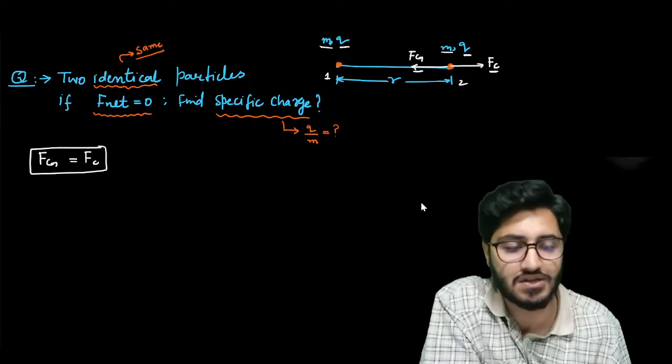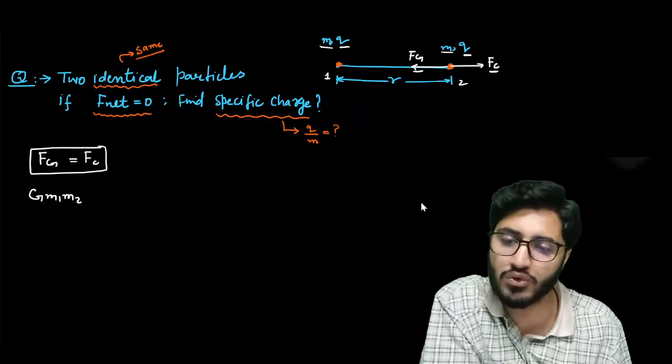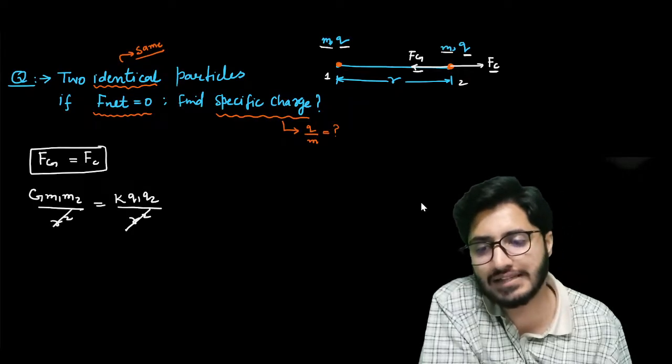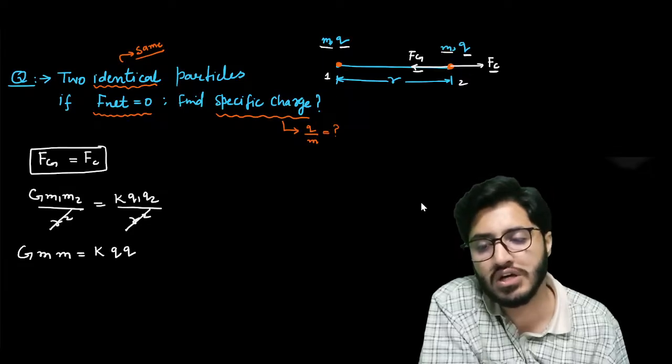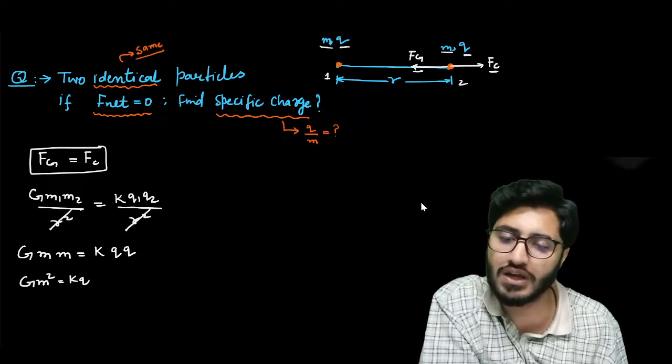What is gravitational force? Sir, it is G M1 M2 by R square. Sir, what is Coulomb's force? It is K Q1 Q2 by R square. R square cancels out. So G, what is M? Sir, M1 is M, M2 is also M. K is K, Q1 is Q, Q2 is Q. I will write G M square is equal to K Q square.